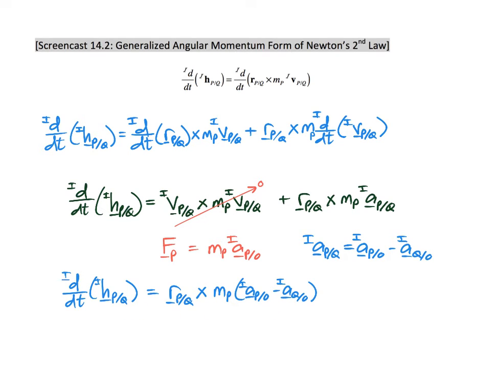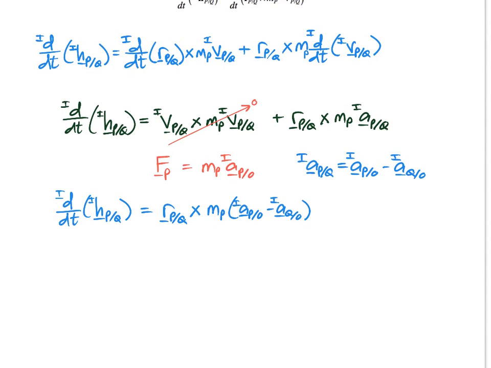So now to get this expression, we've taken our relative acceleration and inserted it into our time derivative expression. Let's expand this one last term so we get the time derivative of the generalized angular momentum is equal to the position of p with respect to q crossed with the mass of our particle p multiplied times the acceleration of p with respect to O as observed in the inertial reference frame.